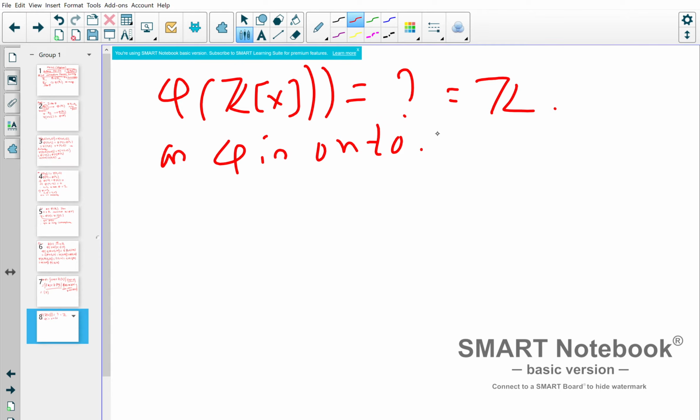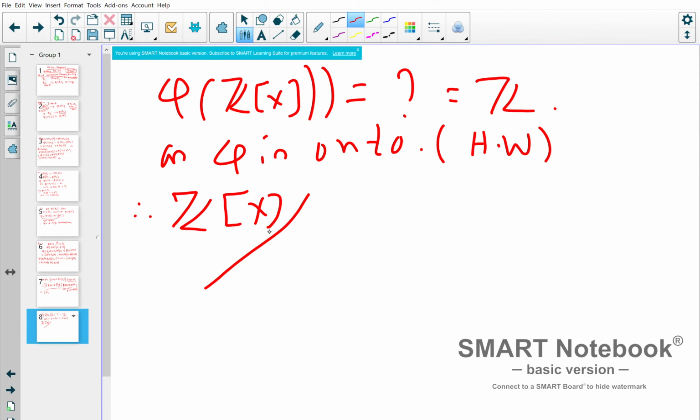Can you prove it? Homework. Nothing to prove actually. Given an integer z, that constant polynomial always has the image. So phi is onto. So what does that mean? Then the first isomorphism theorem tells us that this Z[x] modulo the ideal generated by x is isomorphic to Z.